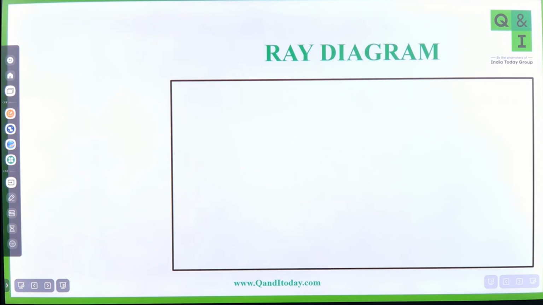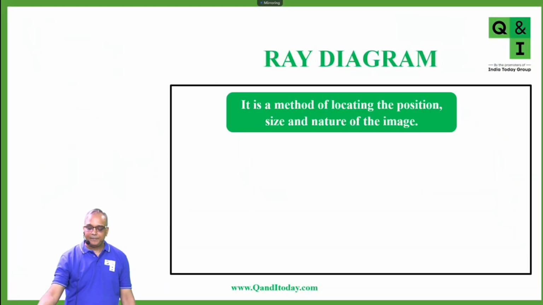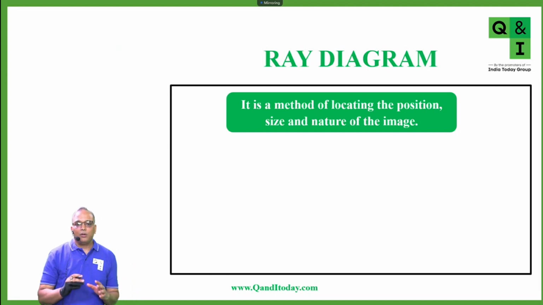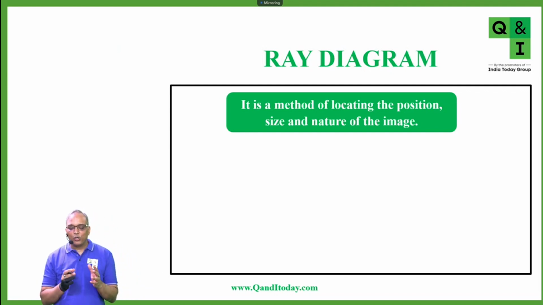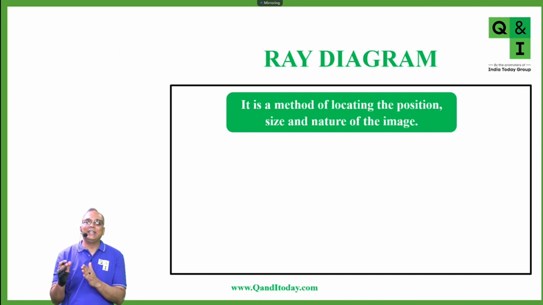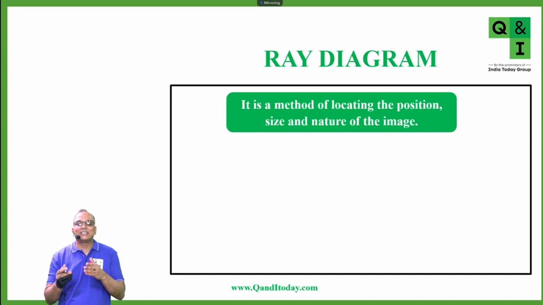Now let's understand ray diagrams, students. So what is a ray diagram? Generally it is a method of locating the position, size and nature of the image. When you have an object, you will draw this ray diagram to find out the position of the image, the size of the image and the nature of the image.